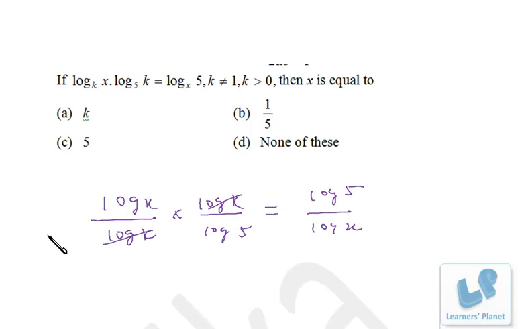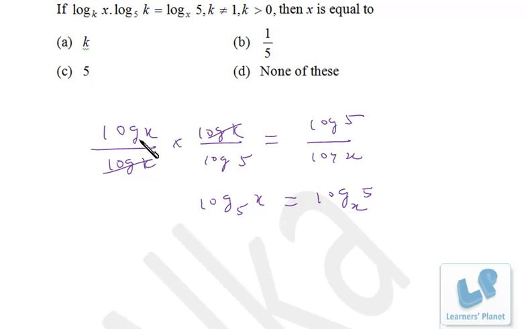So this can be written as log x to the base 5, and this is actually log of 5 to the base x, right? Or we can say log x into log x is equal to log 5 into log 5. Log x whole square is log 5 whole square, right? So x can be 5 definitely, and even x can be 1 by 5.